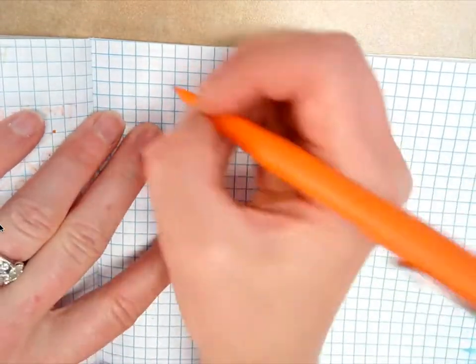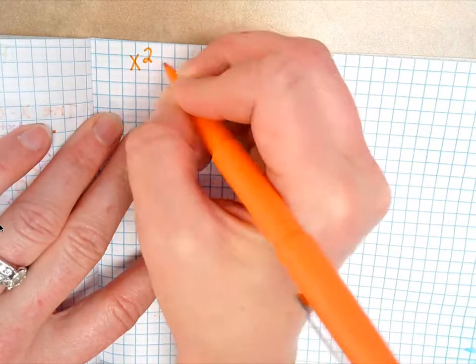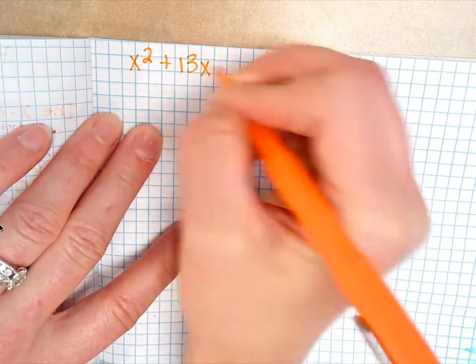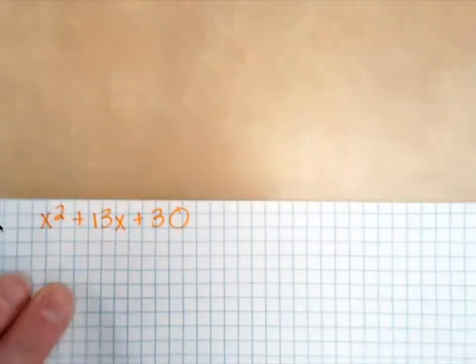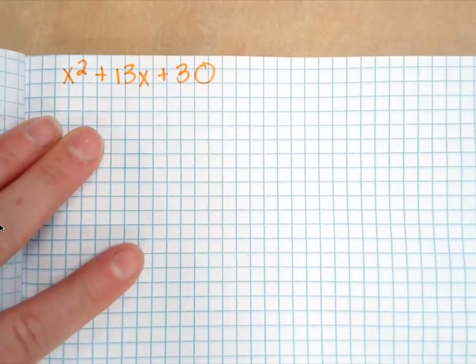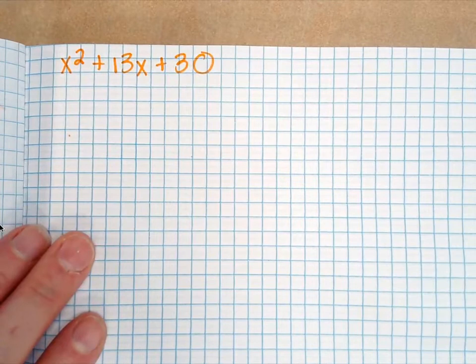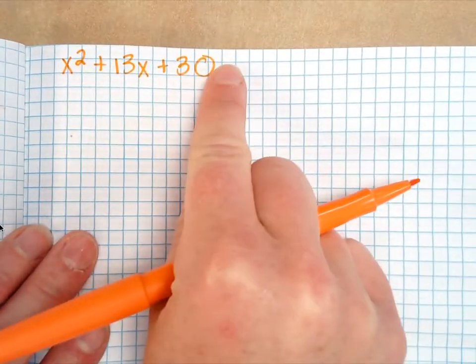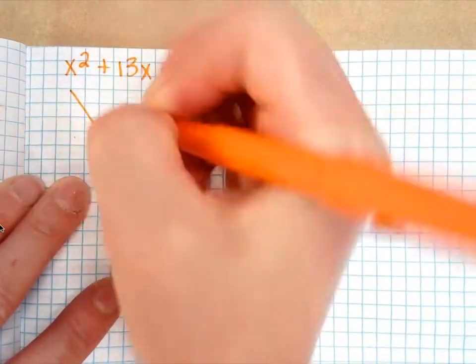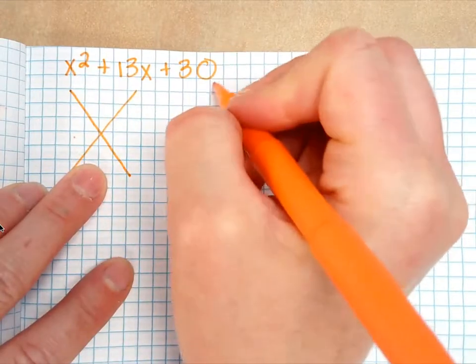So let's do x squared plus 13x plus 30. When we write our trinomial down, we draw our x. The product is the last term.